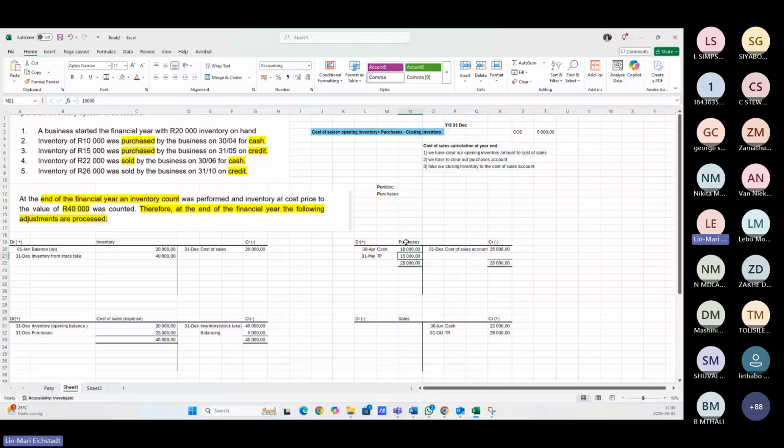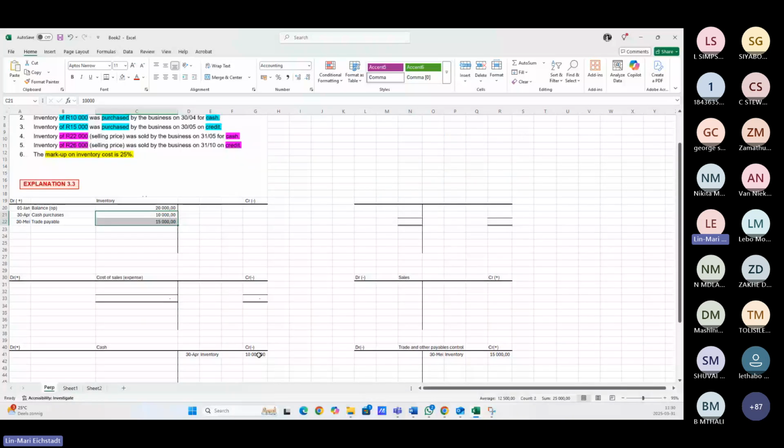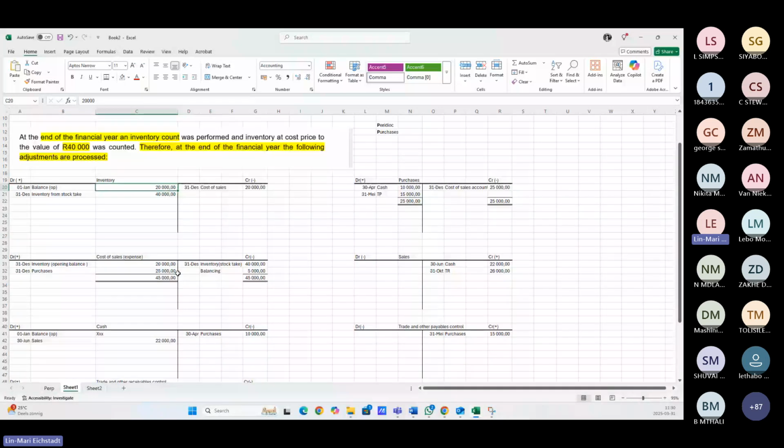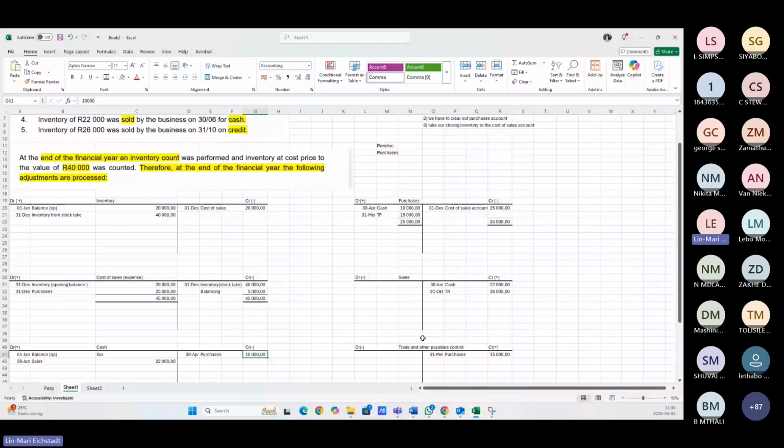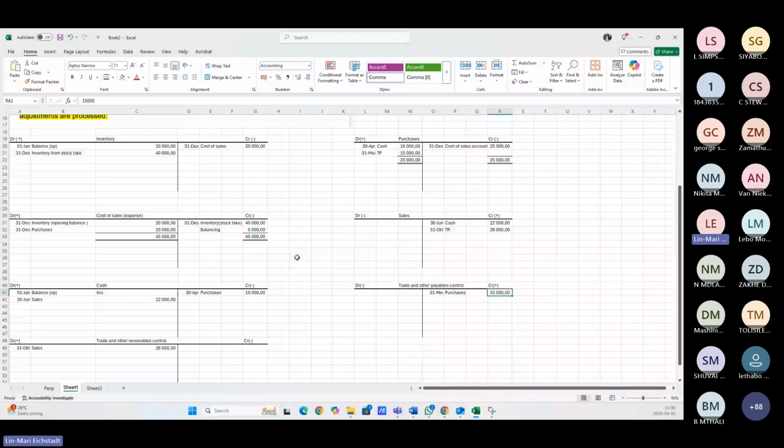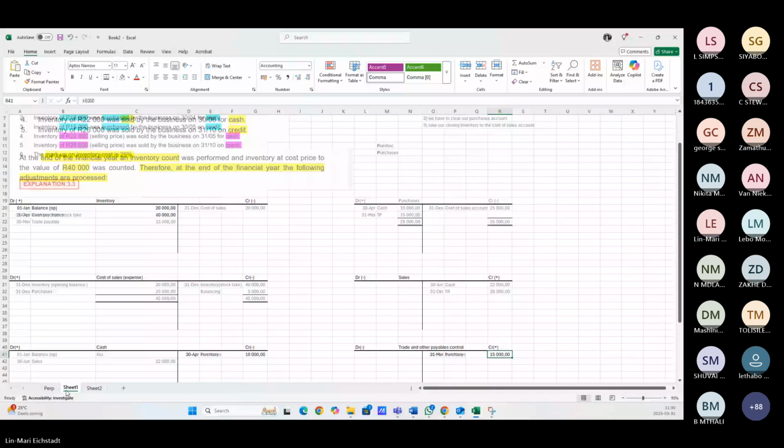The contra accounts to cash and trade and other payables stayed exactly the same, right? When we purchased our inventory for cash, we decreased cash. And when we purchased our inventory on credit, we increased our trade and other payables. So the only difference here is that we are debiting inventory, whereas in the other system, we debited purchases.